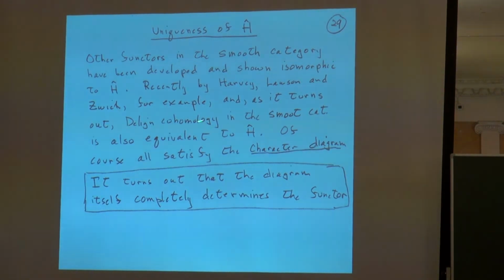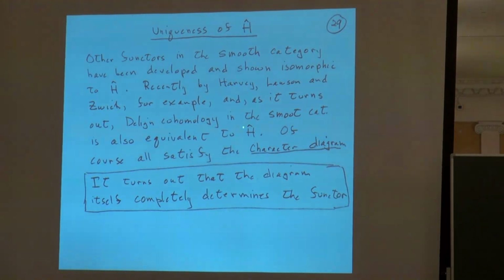And as it turns out, Deligne cohomology in the smooth category is also equivalent to H hat. Now that's an interesting fact because Deligne developed Deligne cohomology, probably not with the smooth category in mind because he was doing algebraic geometry, but nonetheless it came out. And it was in about the same time frame. But neither of us realized that there was this relation until sometime later.